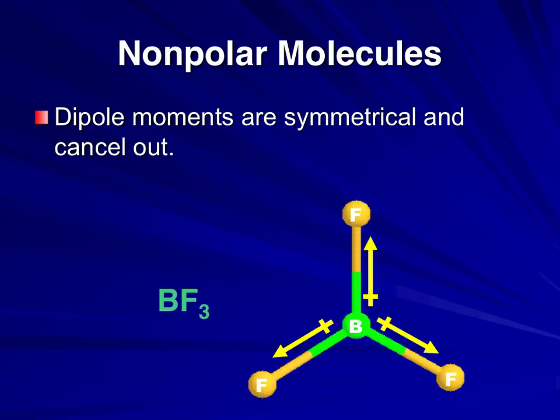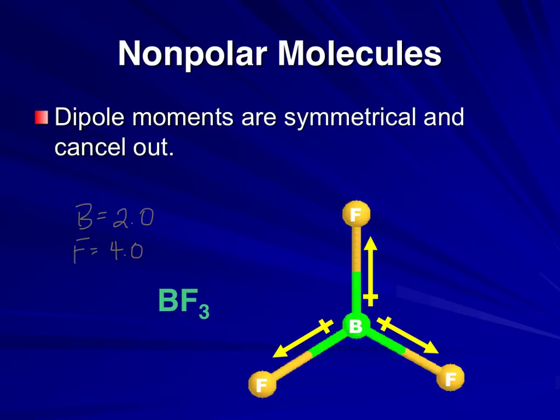So, some examples. We have boron trifluoride. Boron has an electronegativity of 2.0, and fluorine has an electronegativity of 4.0. So this is even greater than the 1.7 range, so we definitely have dipole moments going on.